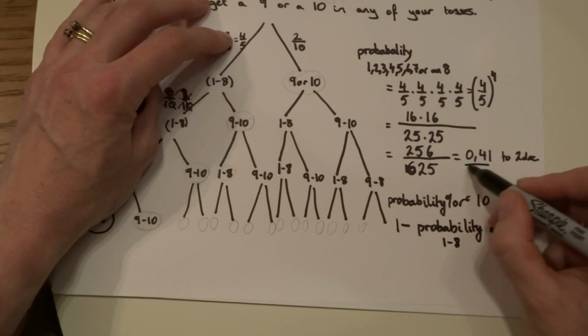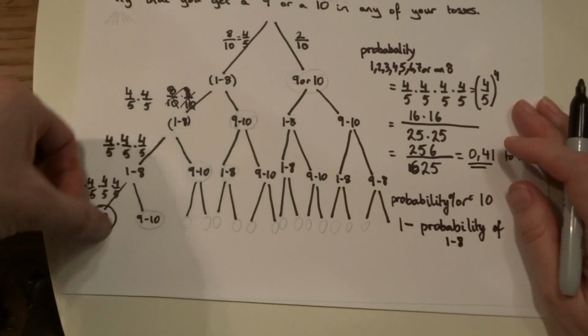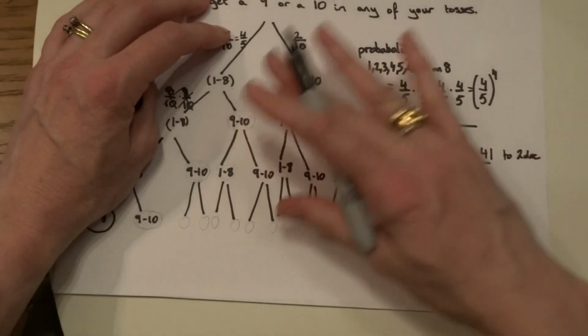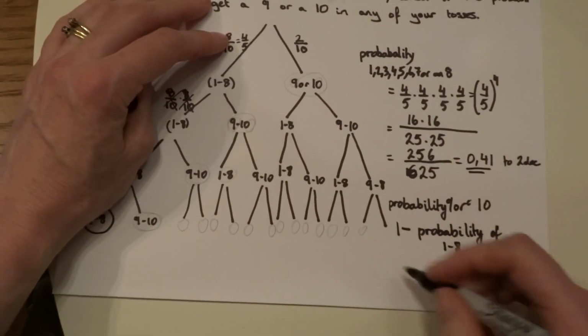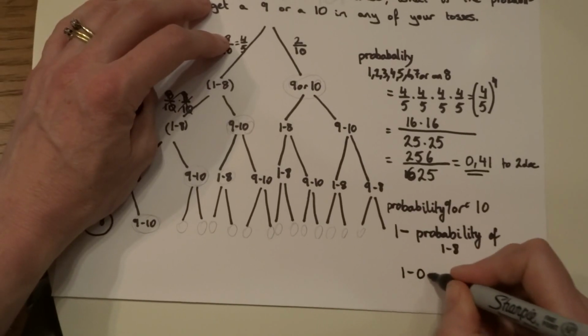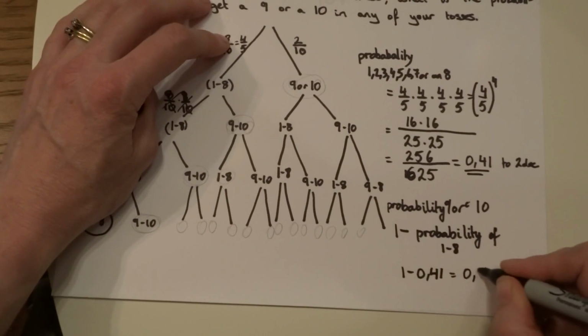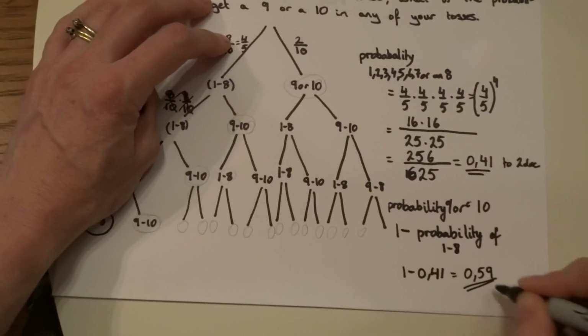And we already know the probability. That was quite easy to work out because we only had to go down one branch of the tree. So the probability of getting a 9 or a 10 is 1 minus 0.41, which is 0.59.